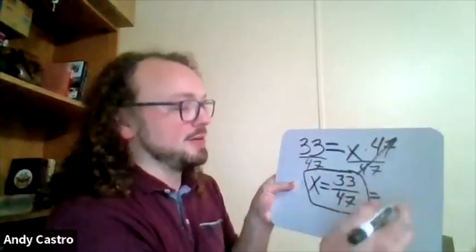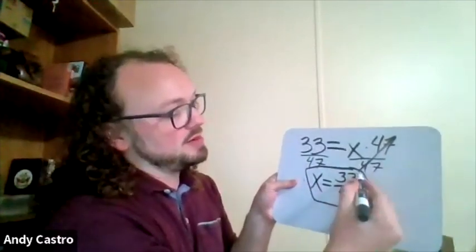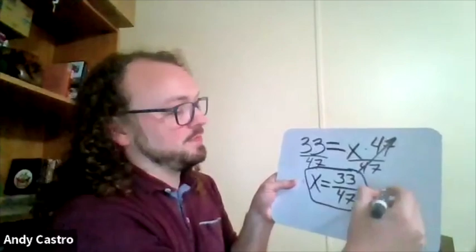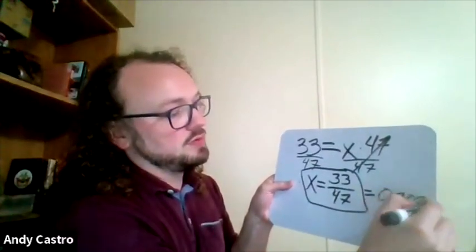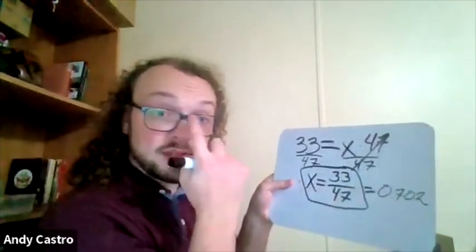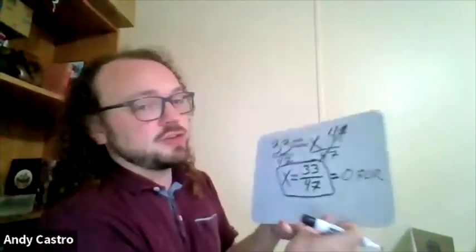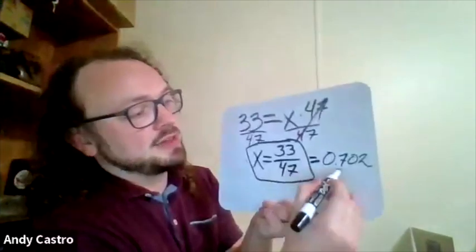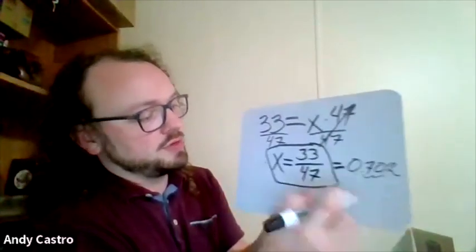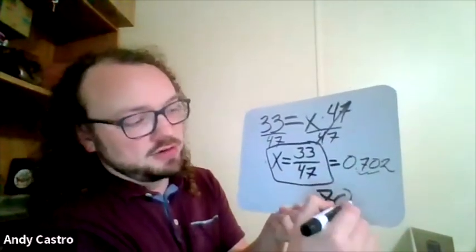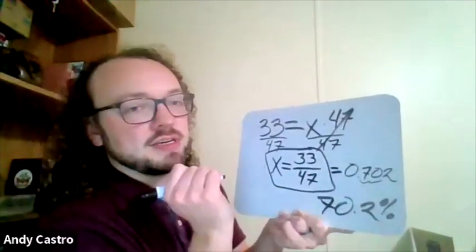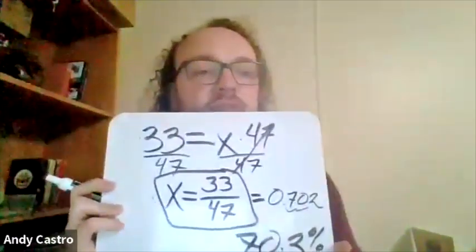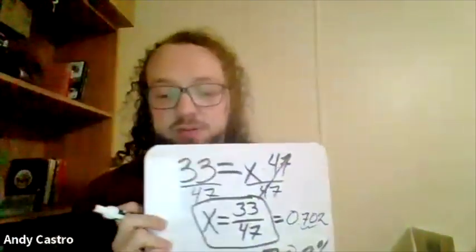So I'm going to ask my calculator, what is 33 divided by 47? I'm going to get 0.702. And to convert that, I multiply by 100, which is the same as moving my decimal place over 2. So the answer for number 29 is 70.2%. So hopefully these are making sense to you.